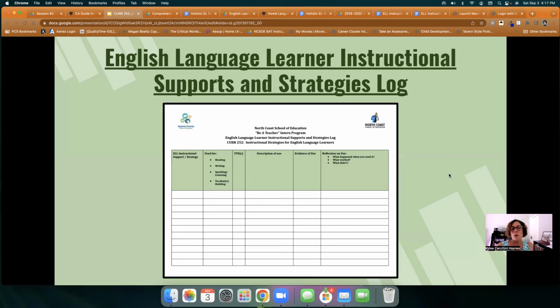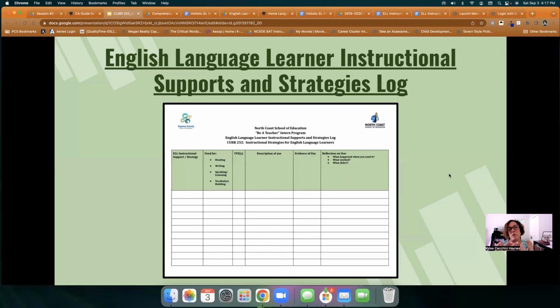So the strategies that we use for our English language learners can help all our students, and you'll notice many of them you might think, oh, that's a strategy we use for special education students. Yes. Okay. So they cross over.